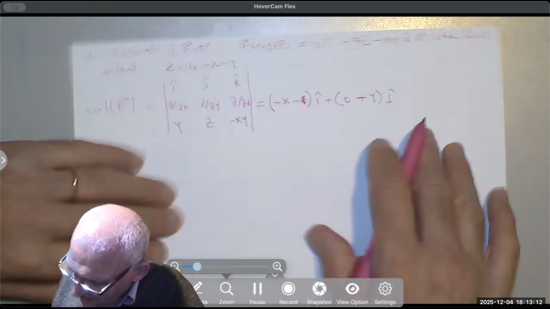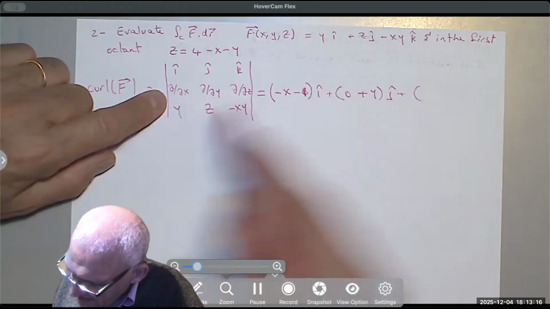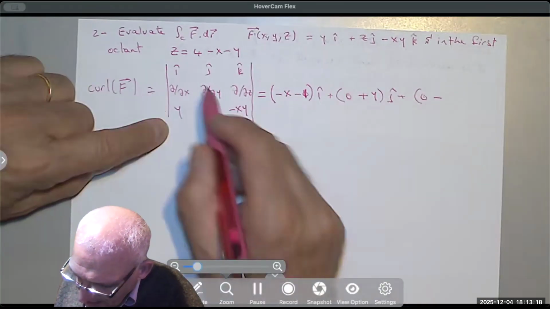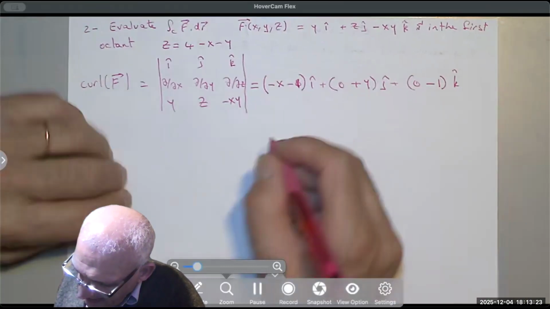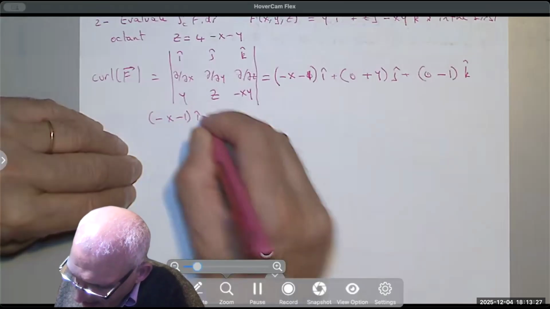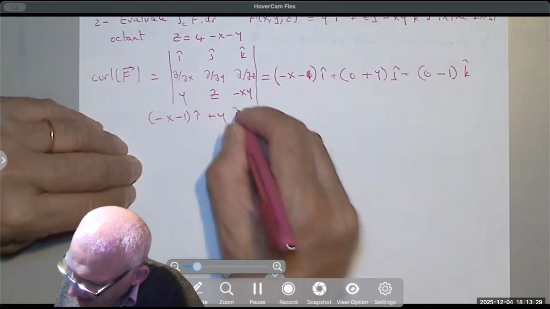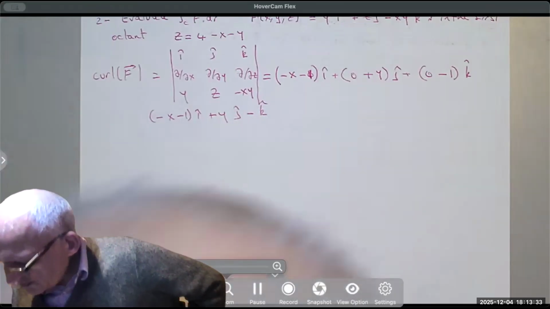And in the k direction, I get partial x of z minus partial y of y. So really I get (negative x minus 1)i plus yj minus k. I think we did that correctly.